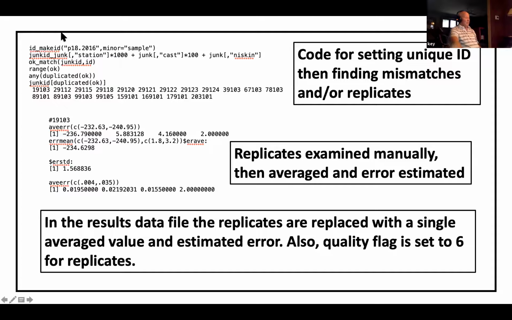Then the fun part is, hopefully the software system you're using has a function called match, or it won't be called that, but something that works like this. What match does is it will look at the first value in this junk ID, and it will find it in ID, and it will give the row number where it exists. Then it goes to the second junk ID and so forth.